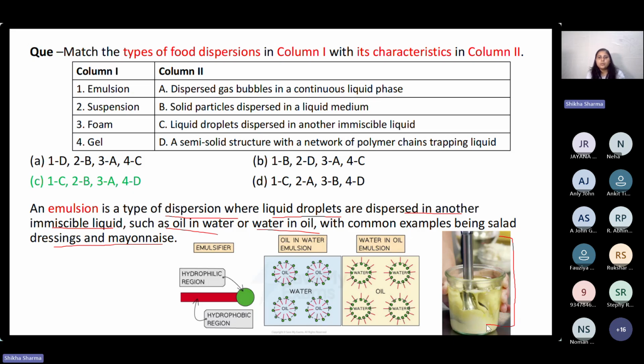Two immiscible liquids are there and they are dispersing, right? Either an oil in water system or a water in oil emulsion can be there. So emulsion is related to liquid droplets dispersed in another immiscible liquid.